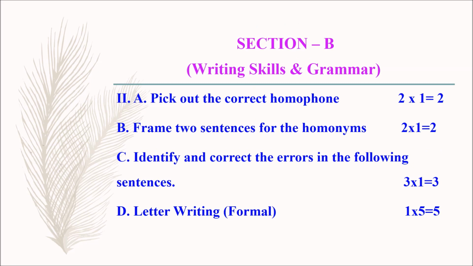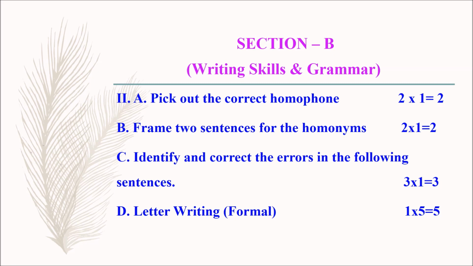Section B, Writing Skills and Grammar. Roman letter 2. Pick out the correct homophone. They have given it in a fill-up format. First, read the sentence, and inside the bracket they will give you 2 words which have different meaning, different spelling but similar sound.